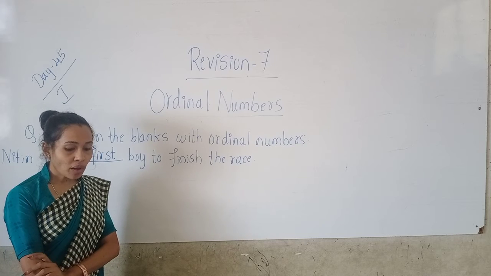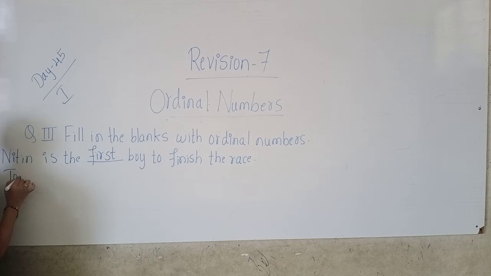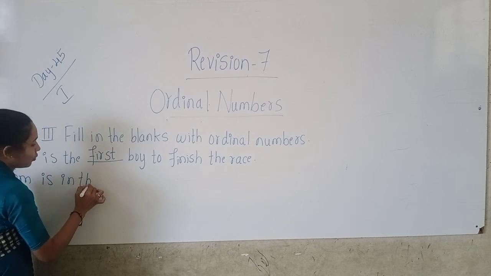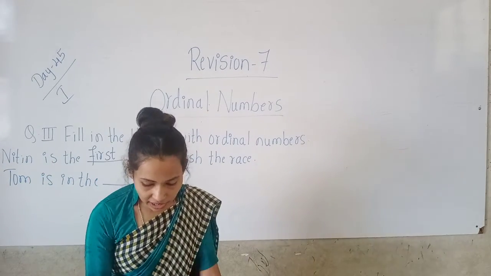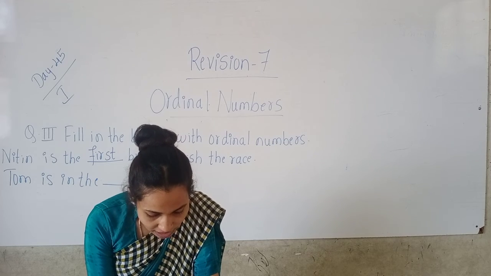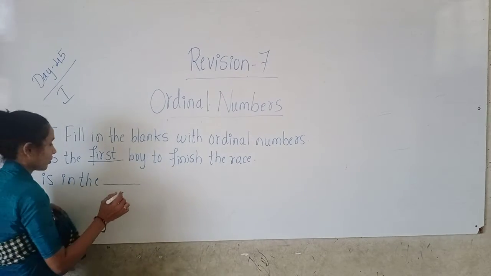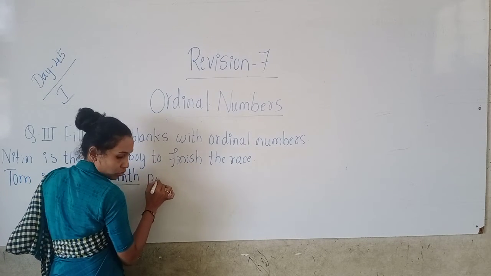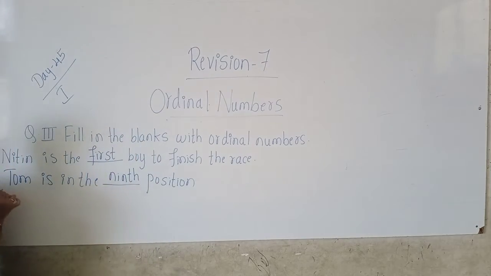And Tom is in the dash position. Yes, he is last but one, means ninth position. Tom is in the ninth position. Okay, children. Third one.